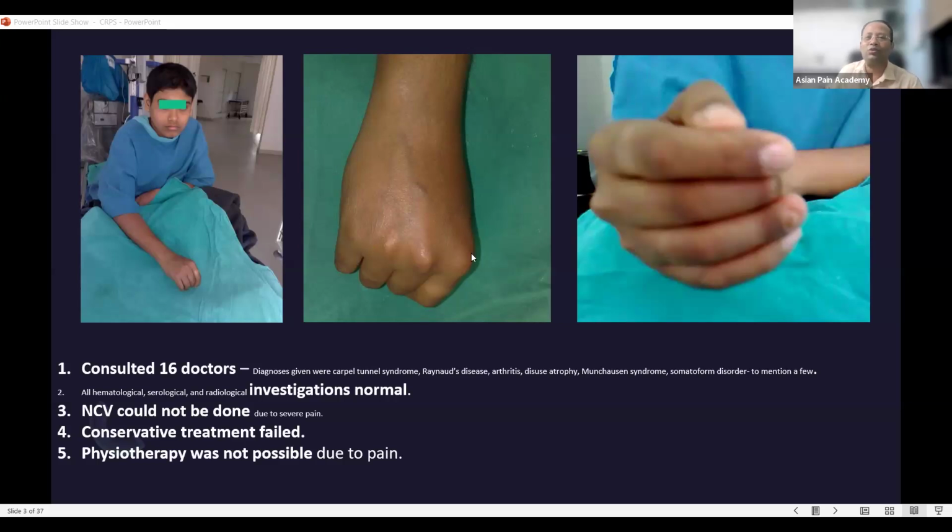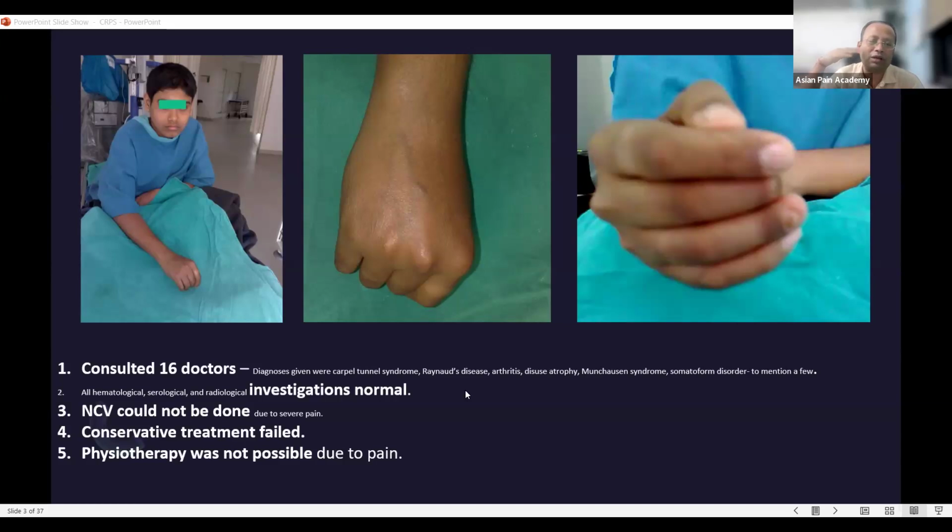So it became dirty gradually, and it always remained in this type of position. He consulted 16 doctors, and many people did some investigations. The investigations were normal. NCV could not be done due to severe pain, but people had advised NCV. If the patient doesn't even allow liquid or water to touch his hand, he will not allow the NCV to be done.